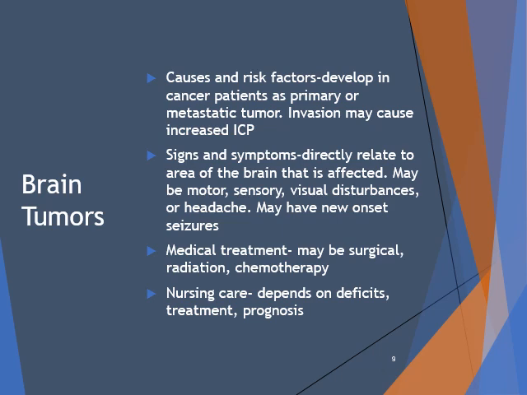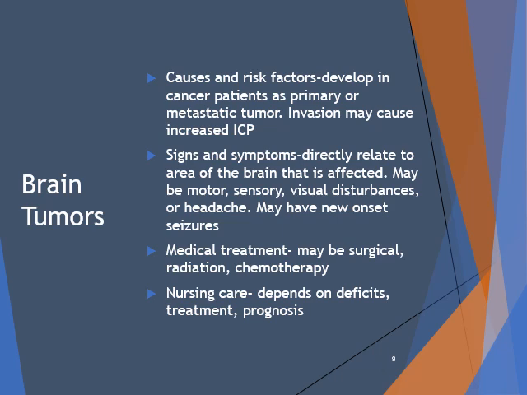Signs and symptoms will be directly related to the area of the brain that's affected. The things that could be affected would be motor, sensory, visual, or they could have a headache, like that story I told you the last chapter. They may have new onset seizures. That could be the first indication there's something going on in the brain.